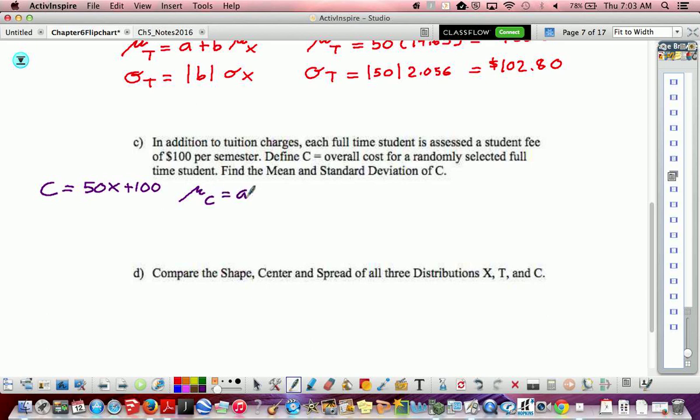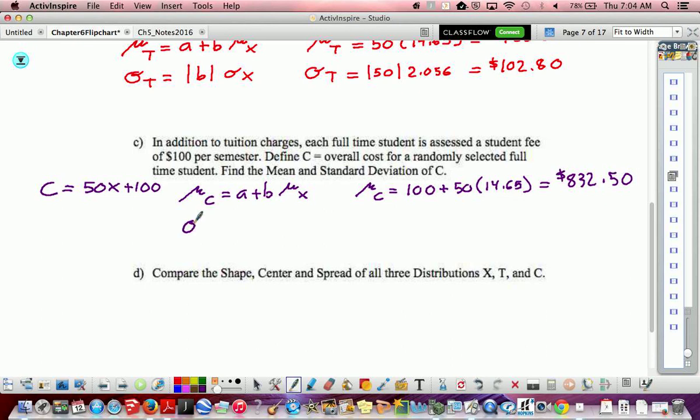So now, using these same formulas up here, if I want to find the mean of C, it's going to equal A plus B times the mean of X. So in our case, the mean of C is going to equal 100 plus 50 times 14.65. Basically, we're adding another $100 on top of it. So notice how it's gone from $732.50 to $832.50.